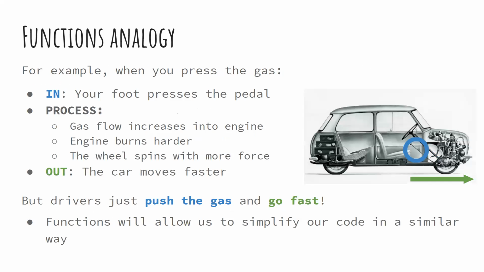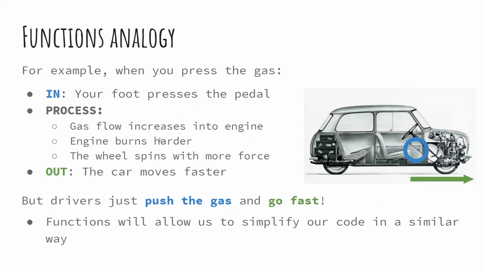So, for example, when you press the gas, the input is your foot pressing the pedal. The process going on inside is that the gas flow increases into the engine, the engine burns harder, the wheel spins with more force, and the output is that the car moves faster.